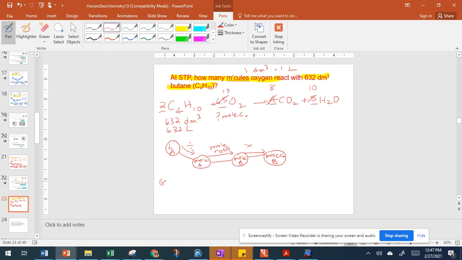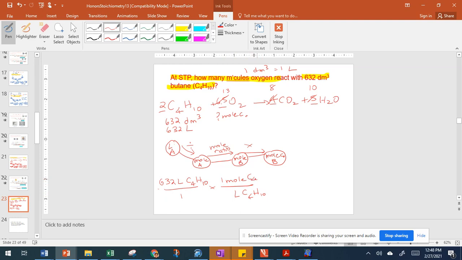So we have 632 liters of C4H10, and that's going to be over 1. So remember, if we're going from liters to molecules, we're going to be using our molar volumes. So we have liters here. Liters has to go in the denominator. We have C4H10, and with molar volume, it's also just 1 mole.